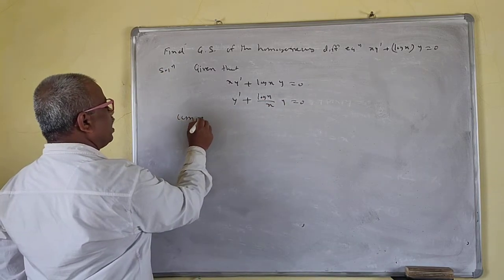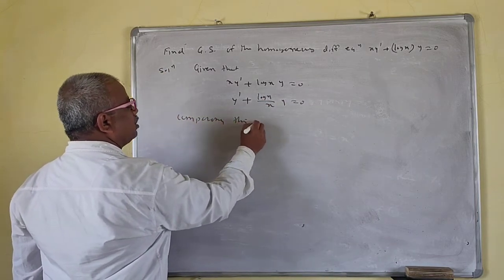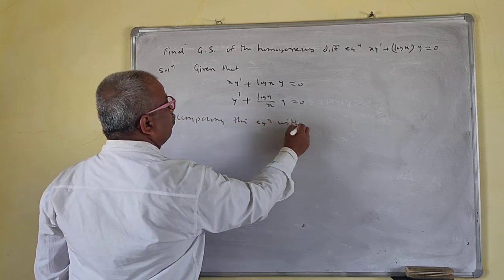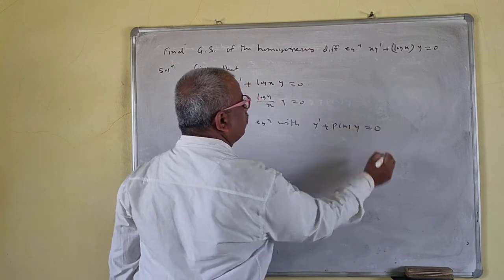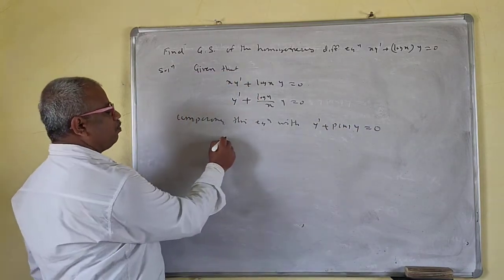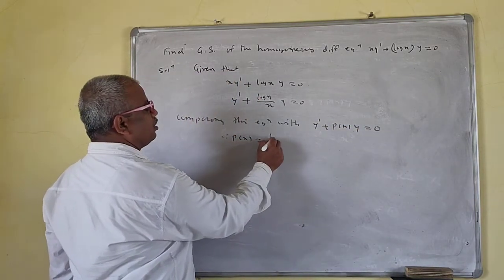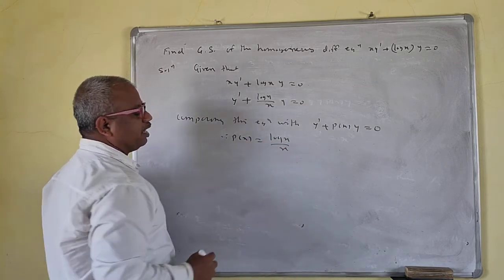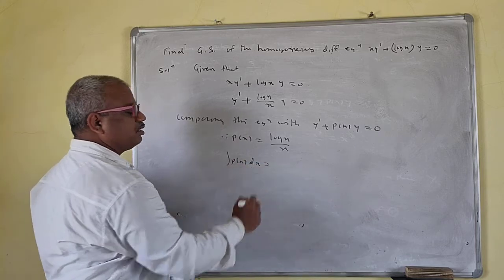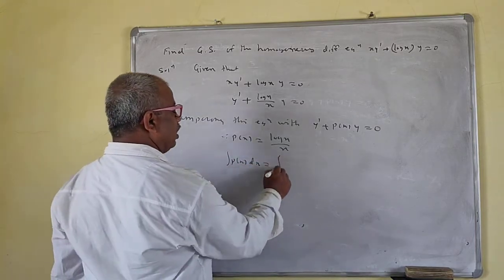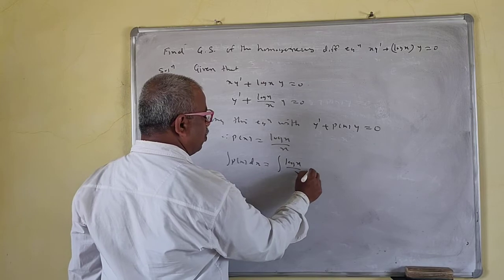Comparing this equation with y prime plus p of x y is equal to 0, p of x is log of x upon x. Now we take the integration of p of x dx, which is equal to the integration of log of x upon x dx.